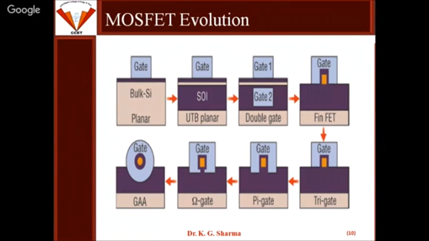After that, because of the uncontrollable leakage current flowing inside the bulk from source to drain, UTB planar SOI devices came into existence. First there is a substrate, over that we develop an oxide layer, then an epitaxial layer of silicon, and we create the source and drain regions within that epitaxial layer.